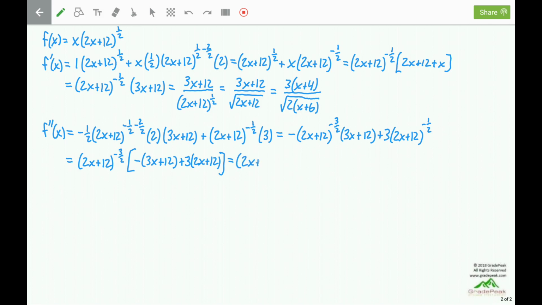So we have a 2x plus 12 to the negative 3 halves power. Inside the square brackets, we can distribute the negative in here, which will be minus 3x minus 12. We can distribute the positive 3 in here, which will be plus 6x plus 36.